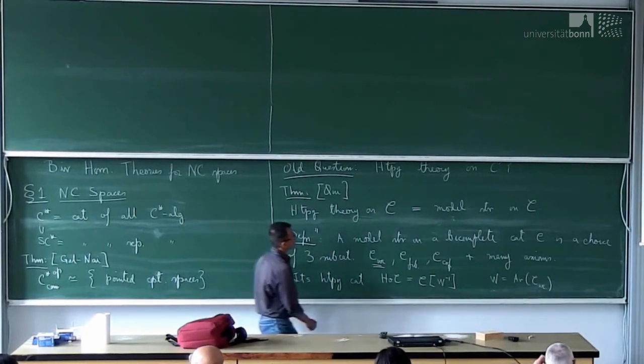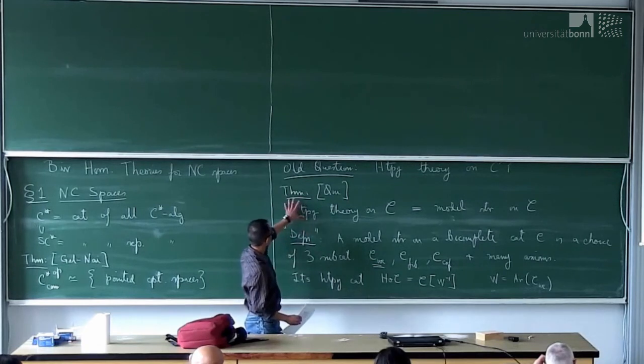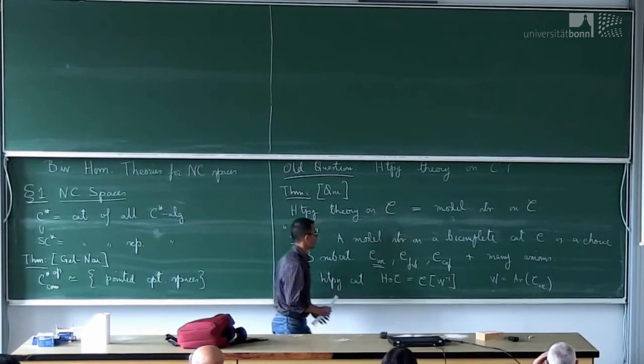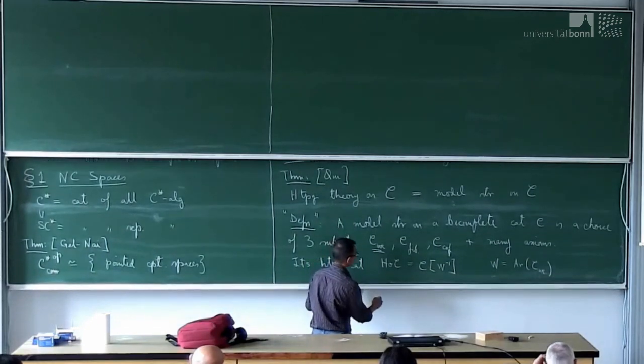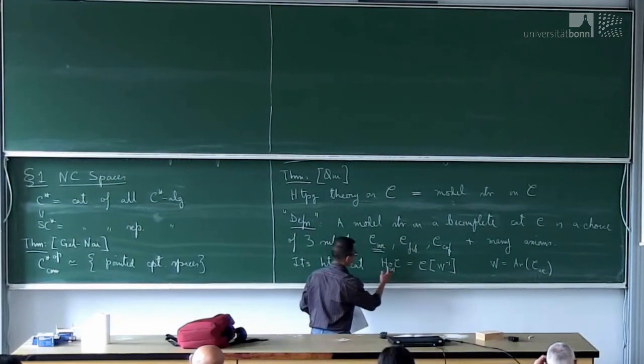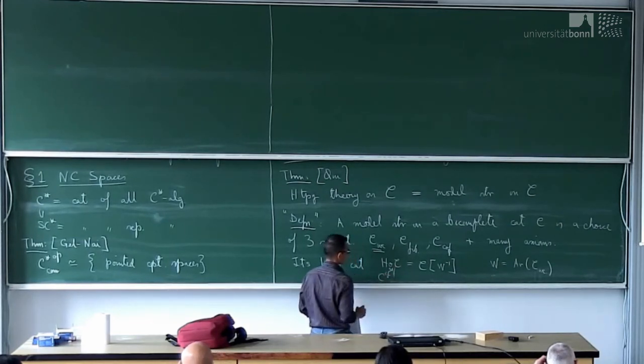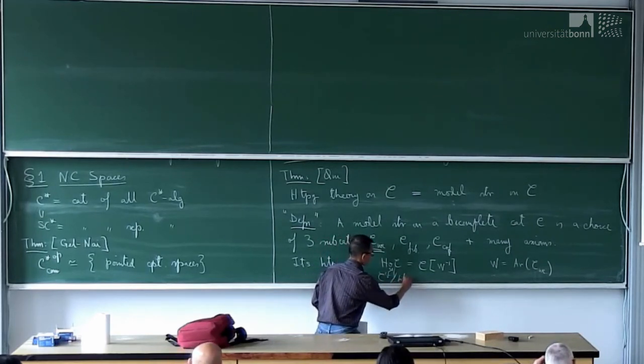And one consequence of this model structure, that's a theorem part of it, and I will now really squeeze it in here, is that the homotopy category is equivalent to some subcategory of so-called cofibrant-fibrant objects on C modulo homotopy.